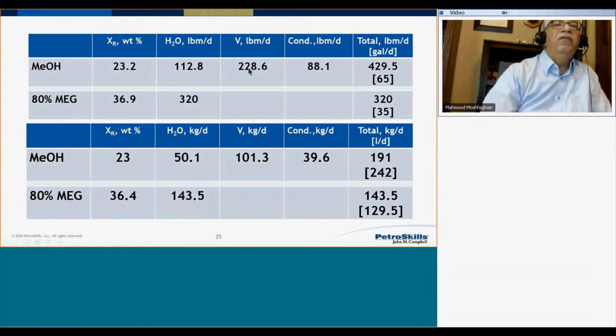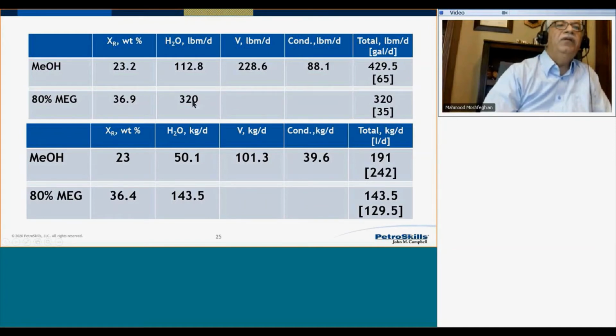By the way, if I convert this to ppm of methanol in the gas phase, it's about 300 ppm. Generally, the methanol loss concentration in the vapor phase is in the range of 300 to about 500 ppm, which seems a small amount, but enough to cause operational problems for downstream equipment or downstream clients.